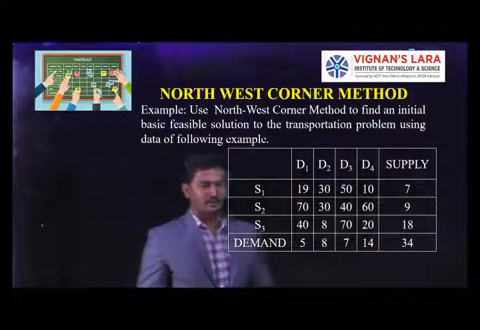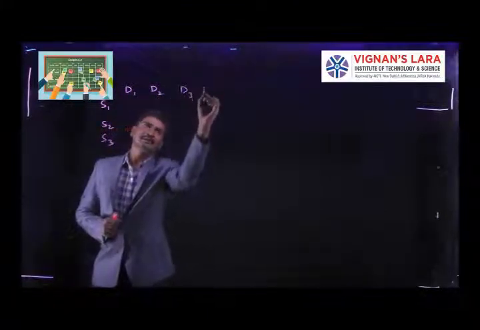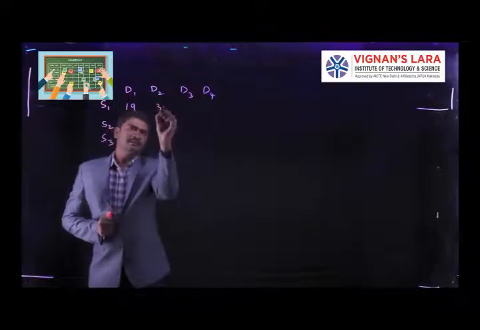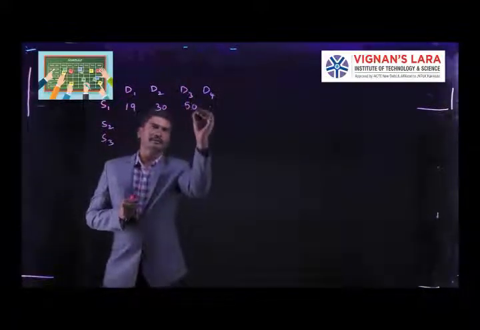Coming to the solution, in our problem they are given 3 supply stations S1, S2, S3 and 4 demand stations D1, D2, D3 and D4. For each one they are given the unit cost. The first row is 19, 30, 50, 10.